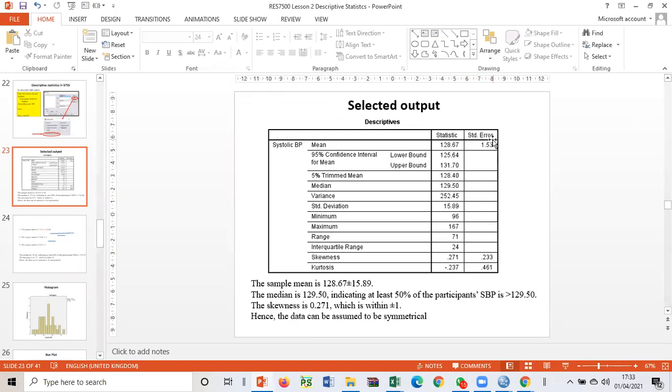Standard error equals standard deviation divided by the square root of sample size. What is the sample size for this data? 109, roughly 100. Square root of 100 is 10. So 15 divided by 10. That's the value.